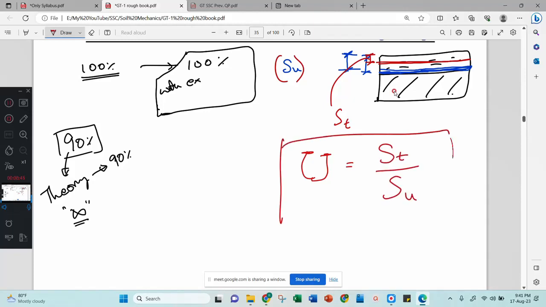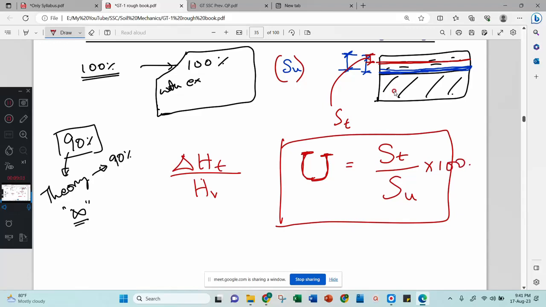Very interesting. You can also have delta H at any time divided by the ultimate, or the volume. This is your degree of consolidation. You can multiply by 100 to get it as a percentage.